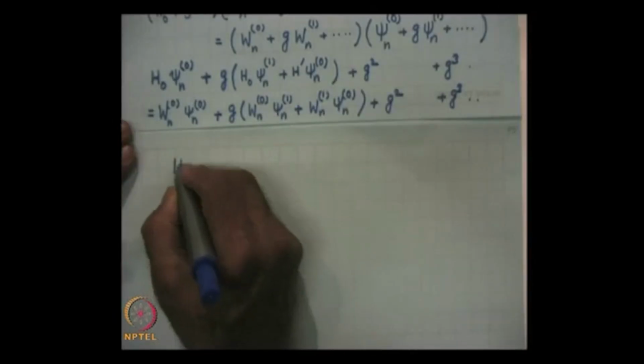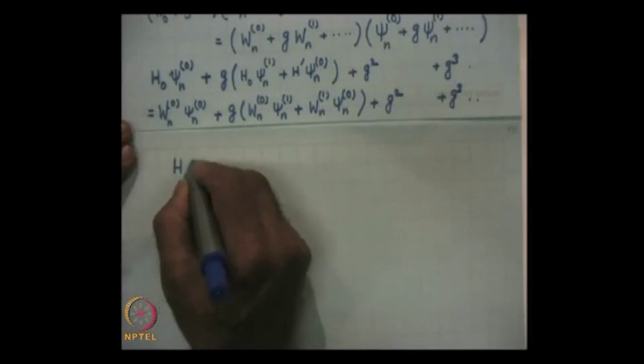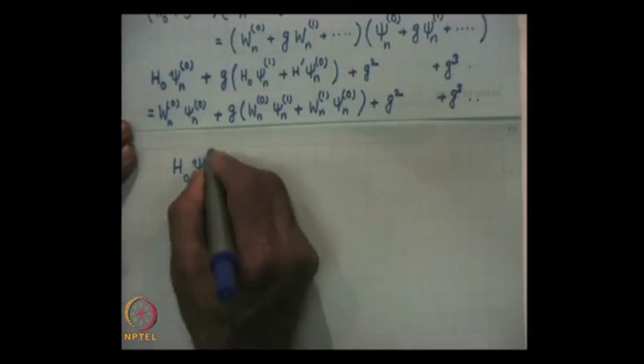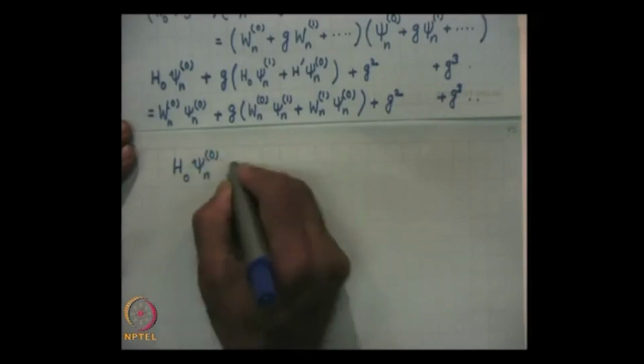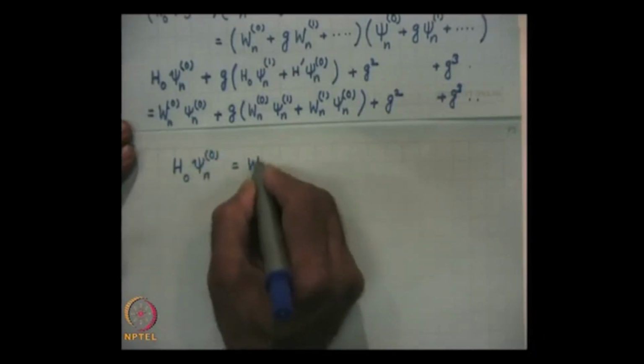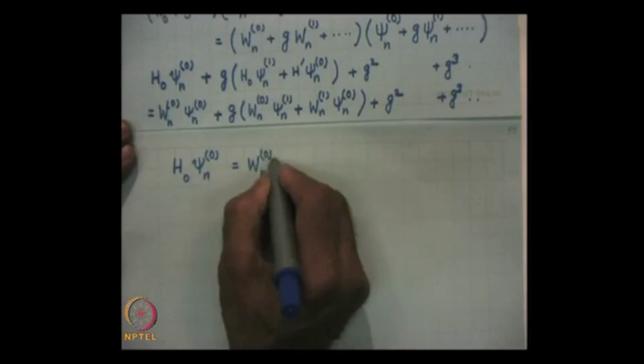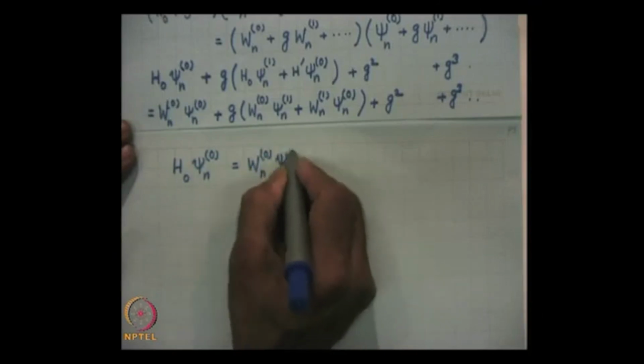Now, we let g tend to 0, and that is always possible because, let us suppose, the external electric field goes to 0. So, then all the terms cancel out and we have the 0th order equation: H naught psi n 0 is equal to W n 0 psi n 0.